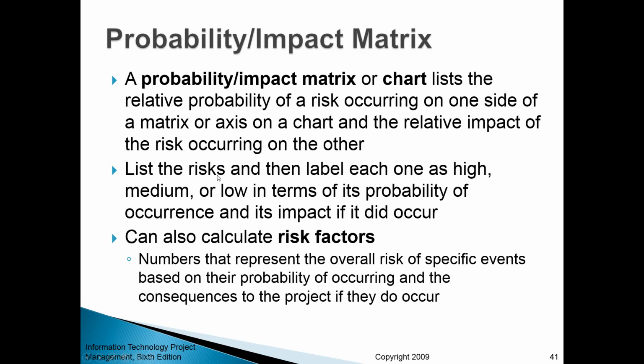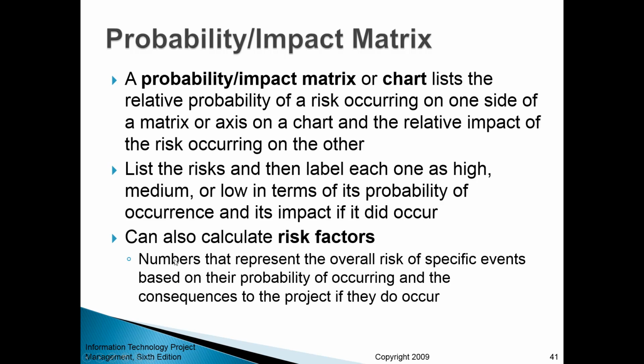Sometimes risks are labeled not with numbers but with categories such as high, medium, or low, and those qualitative labels estimate the probability, or sometimes specific risk factors can be calculated and expressed in terms of a number.